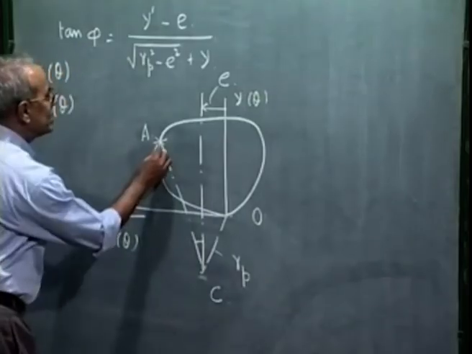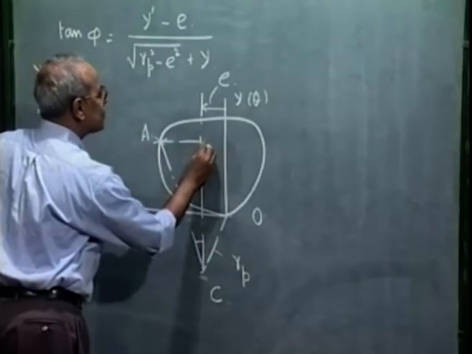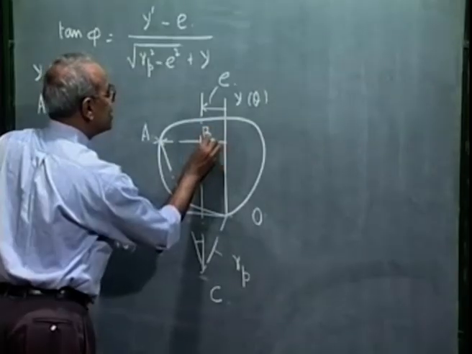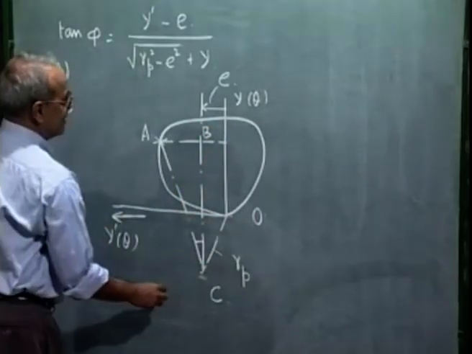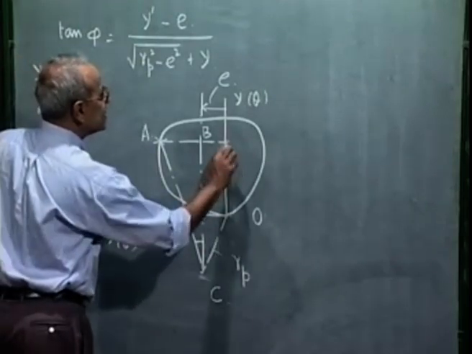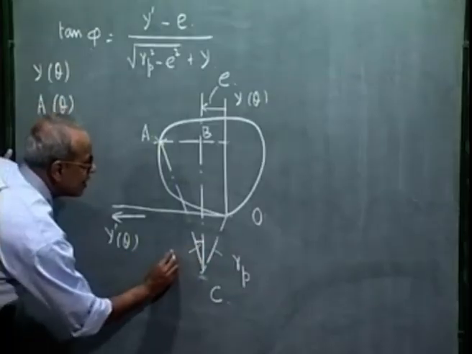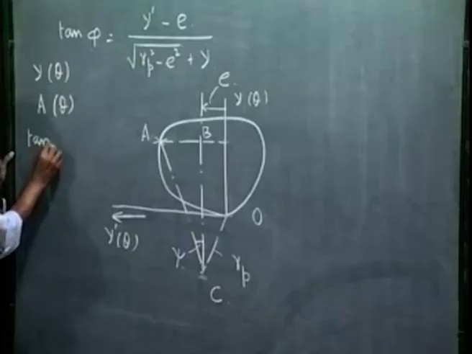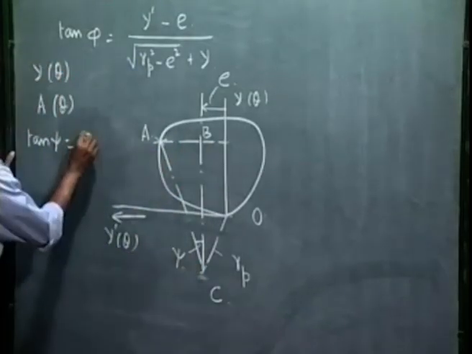How? If I drop a perpendicular, if I call this point B, and this angle, I need not say what it is, if I call it psi, then tan of psi is AB by BC.